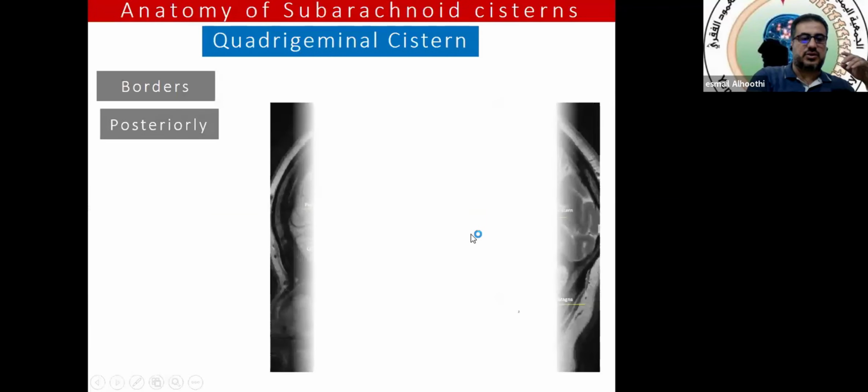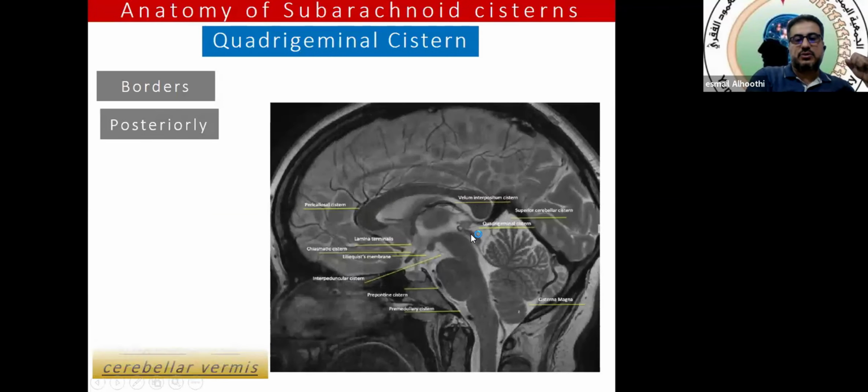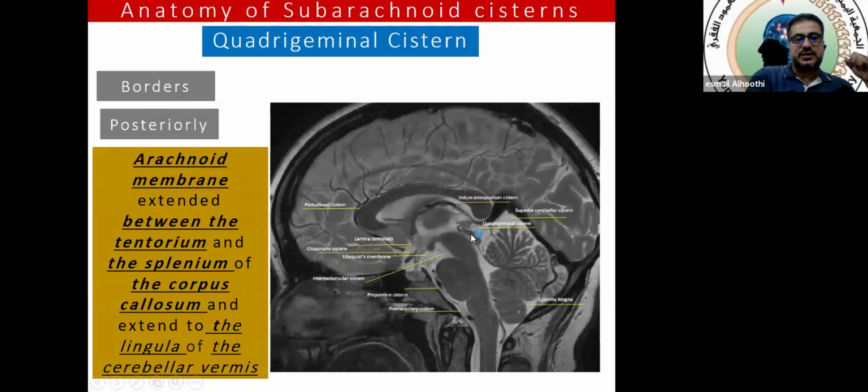The posterior boundary of the quadrigeminal cistern is the arachnoid membrane that extends between the tentorium and the splenium of the corpus callosum, and extends to the lingula of the cerebellar vermis.